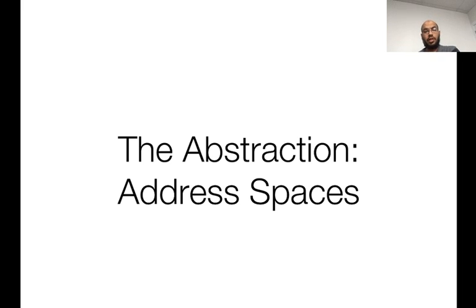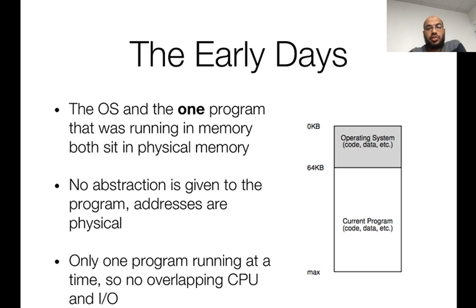So let us go back to what we discussed a while ago about how memory is accessed by the different programs using the operating system. Let us start with a bit of history. In the early days, you would run the operating system and a single program in memory.